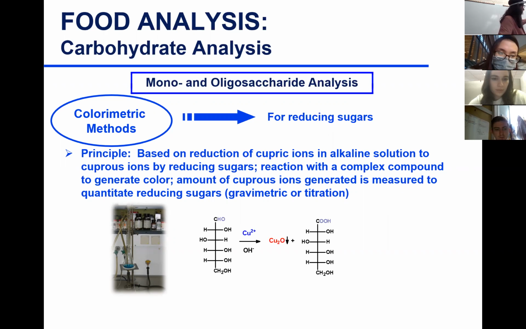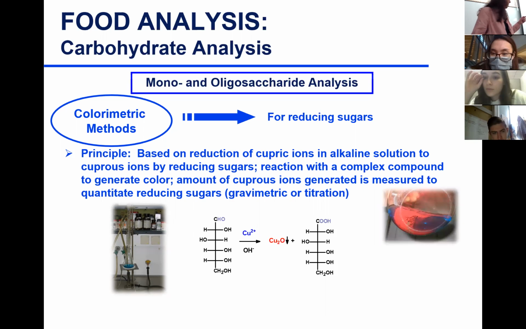In the presence of alkaline, you generate cuprous oxide, which is a precipitate, specifically a red precipitate. It's either measured gravimetrically by weighing that precipitate or by titration. But the method that is most commonly used is the Somogyi-Nelson method, as I said, and there we measure absorption. We have a specific reagent that gives you a specific color. We use a spectrophotometer to measure absorption.